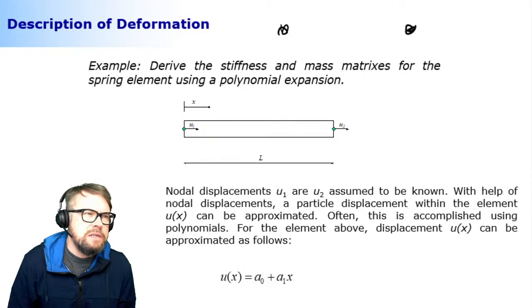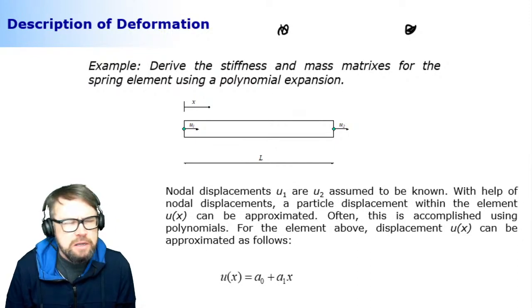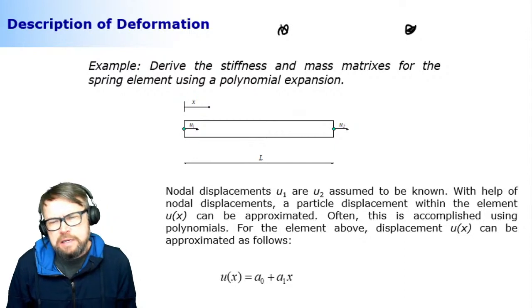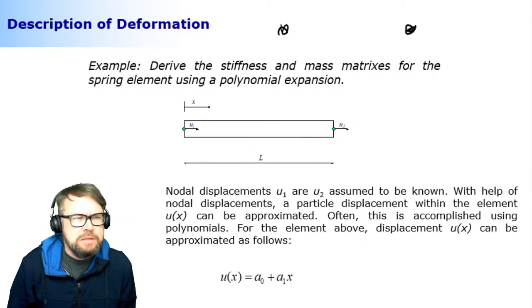This is very much different from what you are used to hearing or learning before, because before, I'm sure you heard the story that the finite element method is the same thing as introducing spring elements.